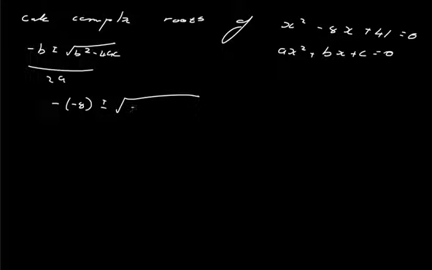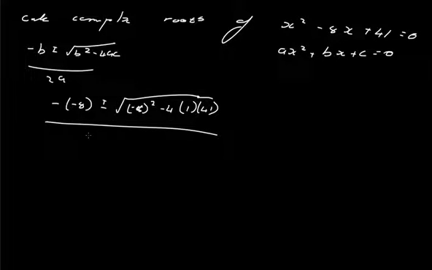B is minus 8, minus 8 squared minus 4 times a is 1 times c is 41 over 2 times a is 1. So let's simplify that a little bit. That's equal to, I wrote this formula wrong, x1, x2 is equal to. Let's not forget that.